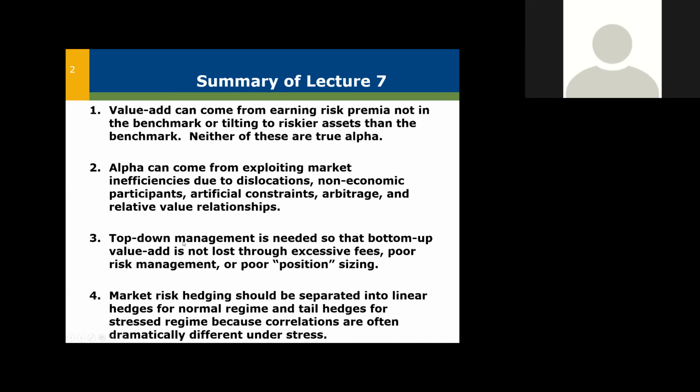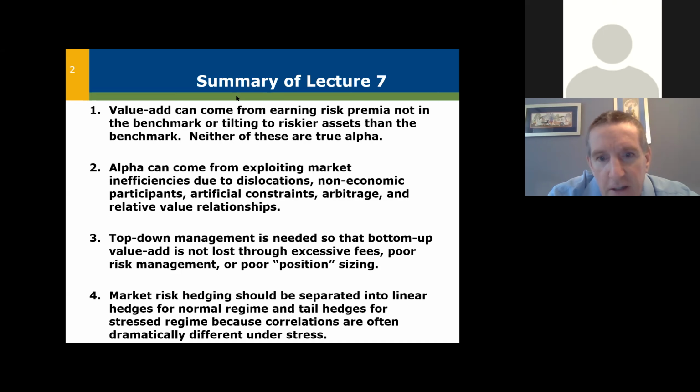hedging, and we distinguished between normal regimes and stress regimes. And we talked about tail hedges can be used to reduce drawdowns during stress regimes. And we also talked about the idea of risk-on versus risk-off assets, and the idea that in a stress regime, so that would be like a market crash, risk-on assets become all correlated to each other, and risk-off assets become all correlated to each other.